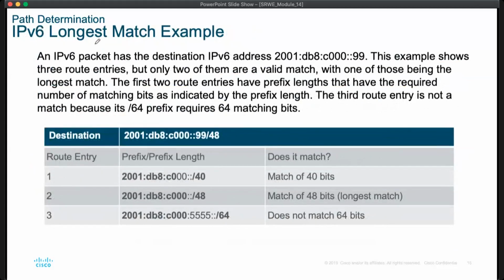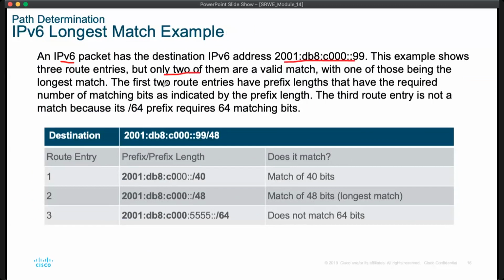IPv6 longest match example. An IPv6 packet has the destination IPv6 address 2001:DB8:C000::90. In this example, there are three route entries, but only two of them are valid matches, with one of those being the longest match.